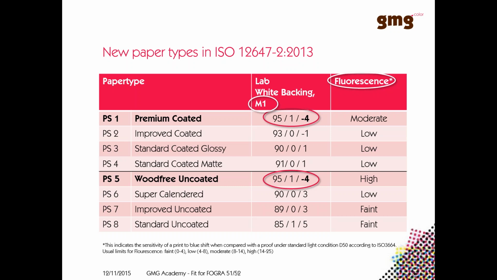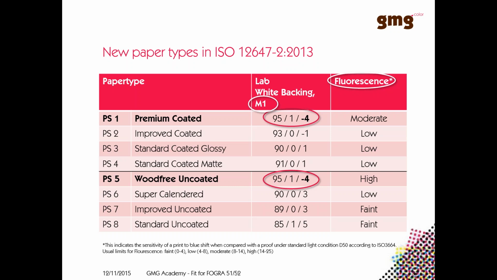As well as this naming, in this revised list of printing papers, we now have the M1 definition for the paper tints described in Lab, and the new kid on the block in this list is the fluorescence level. We never had any indication for typical fluorescence level of printing substances, printing papers.